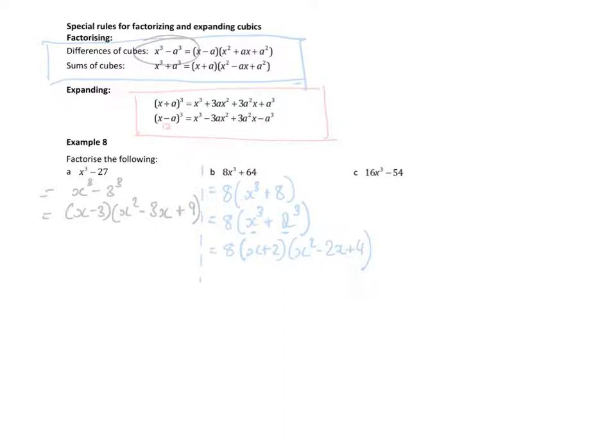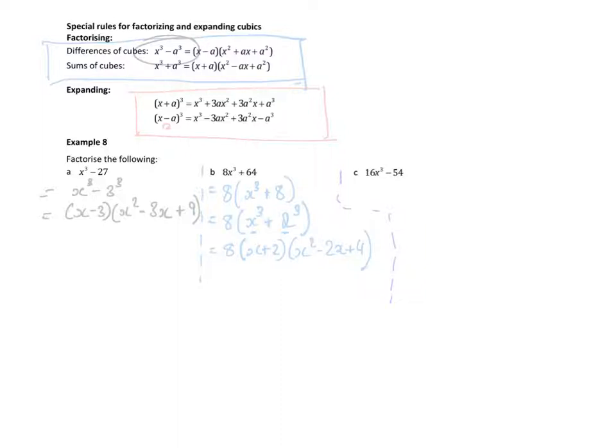That is fully factorised. And now we're going to look at our last one here. Again, we're just trying to make our life a little bit easier. So I'm going to come over here and take out a common factor. It's probably important what common factor you take out here.